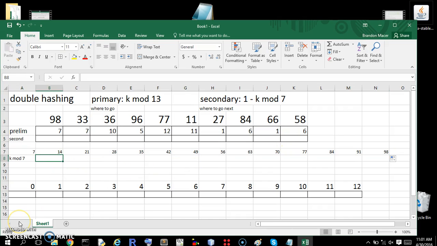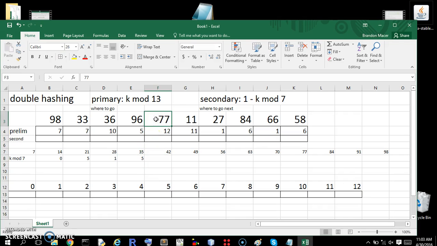So then we're going to go with 98 mod. We'll even put this 1 minus. No, we'll just do the k mod 7 first. So 98 is 98, so that means it's 0. K mod 7 is 0. 33, 28 is lower. So 33 minus 28 is 5. 36, 35 is 1. 96, 91 is lower, is 5.